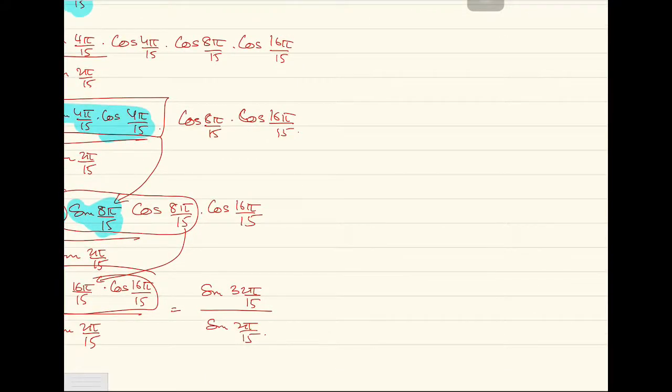Let's see how much is 2 pi by 15 and 32 pi by 15. 2 pi by 15 means 2 pi by 15 into 180 by pi. This is how we convert radians to degrees. Pi and pi get cancelled. We have 5 3s are 15, 5 6s are 30, and 3 12s, isn't it? That gives me 24 degrees, isn't it?